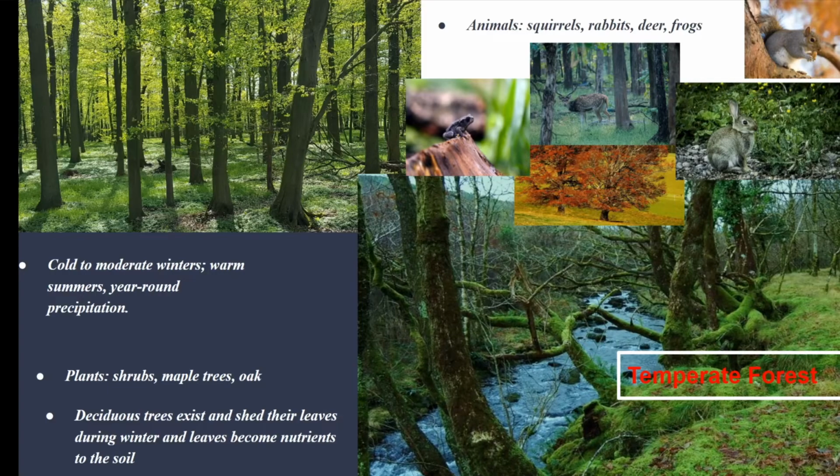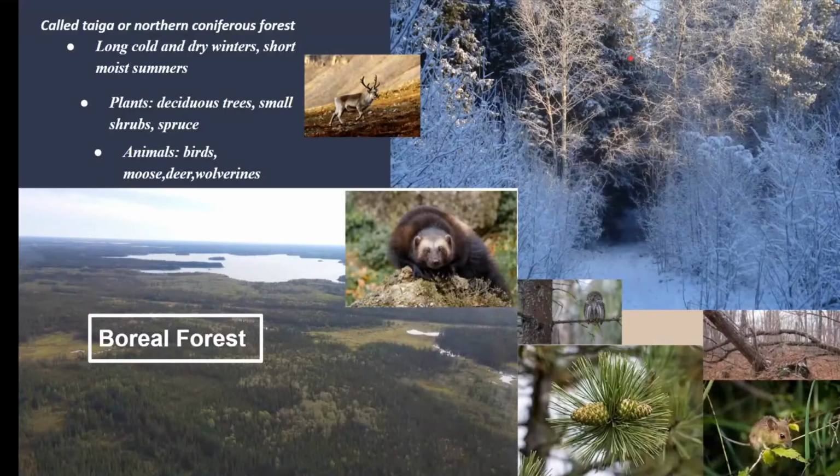While they do have deciduous trees, as we mentioned, they do shed their leaves during the winter, and leaves become nutrients to the soil. As we already mentioned in the cycles lesson, where leaves here would lead to the nitrogen cycle continuing, and so forth. Animals include squirrels, rabbits, deer, and frogs.